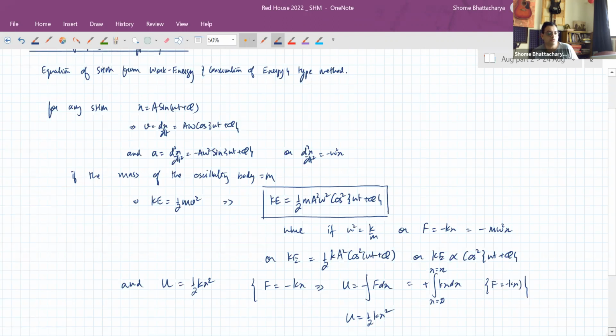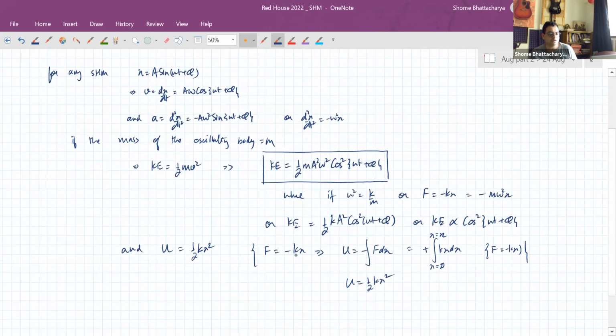Substituting that, the potential energy, even if it is not a regular spring mass system where k is the spring constant, here we just understand that k is the force constant for the restorative force.